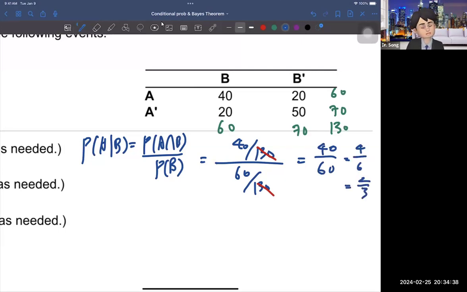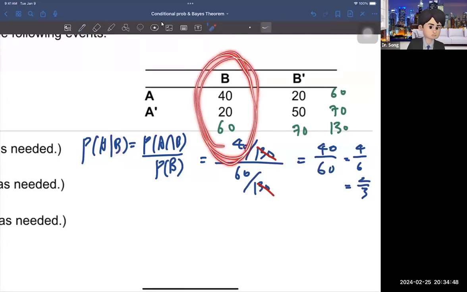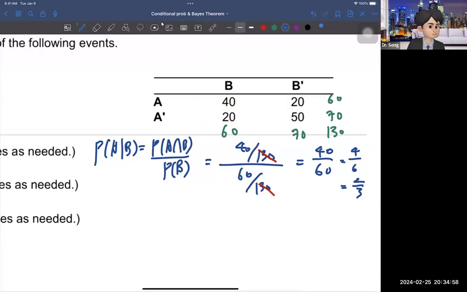There is another way to find this probability A given B with this 2 by 2 table using the intuition. So the condition on B means that you narrow down the set to the B. So given this B, you want to find the probability A intersection B, which means 40 over 60. So you got the same answer.